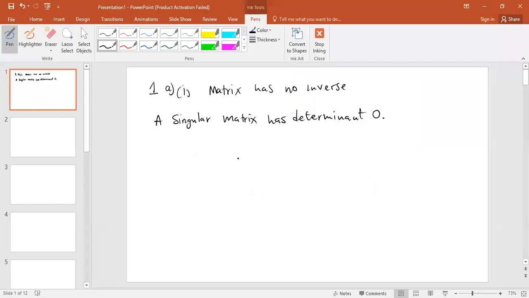So we'll go to the question. 5, 2, 2x. So this is our matrix A. It has 5, 2, 2, and x, like that. We are saying this matrix has no inverse, meaning it's a singular matrix, so the determinant of A will be 0. How do you find the determinant of a 2 by 2 matrix?